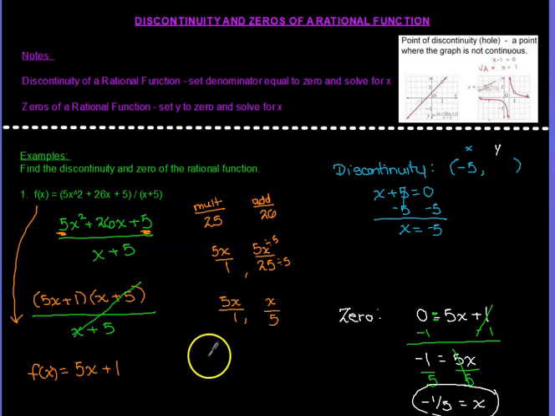So 5x plus 1. I'm going to change f of x to y. Y equals 5x plus 1. So I have 5 times my x value of the discontinuity, which is negative 5, plus 1. So y equals negative 25 plus 1. So signs don't match, which means I subtract and I take the sign of the bigger number, and that gives me negative 24.